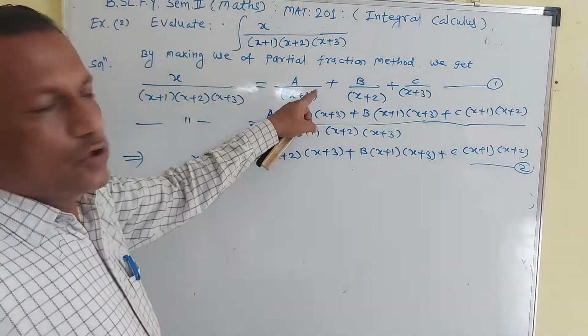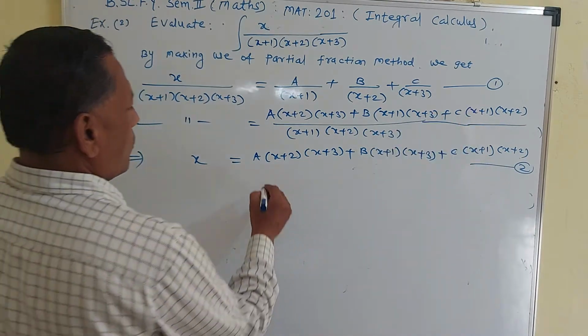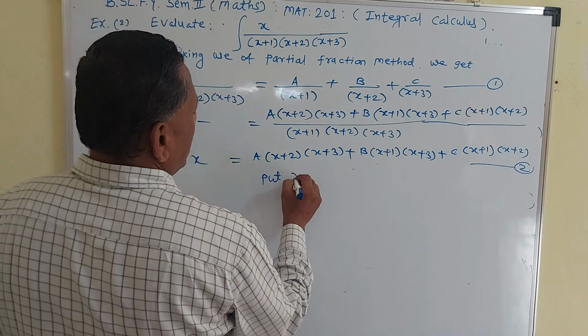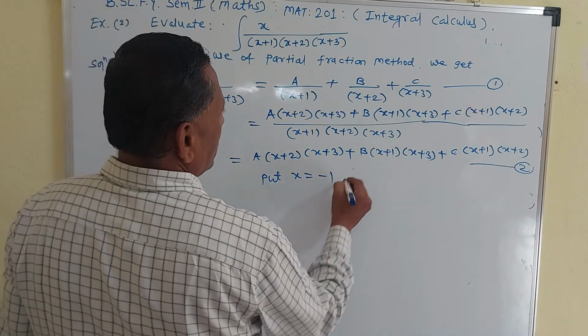Put x is equal to minus 1 in equation 2.